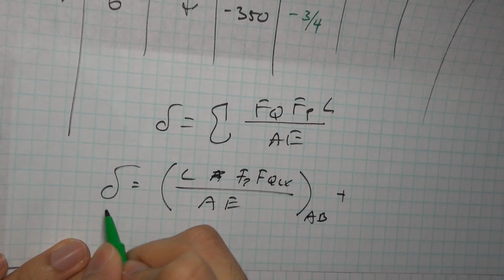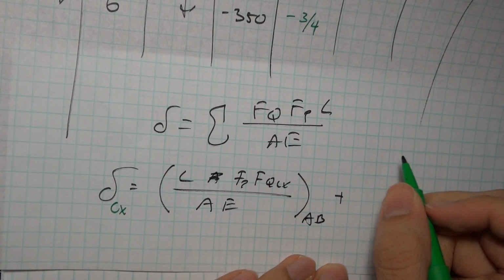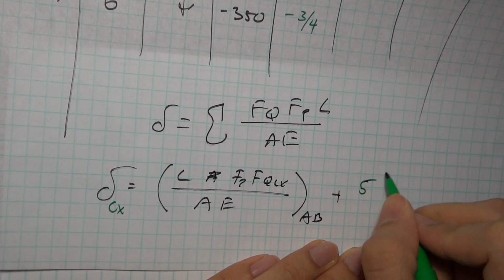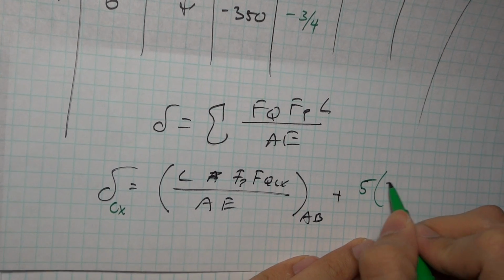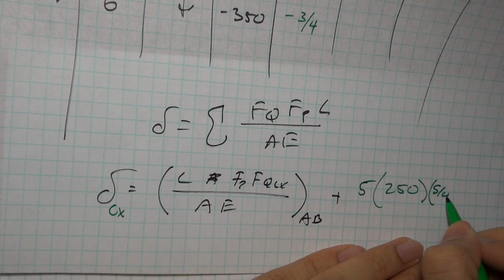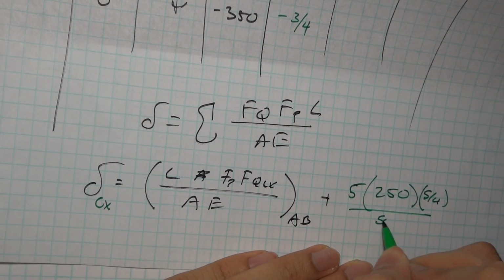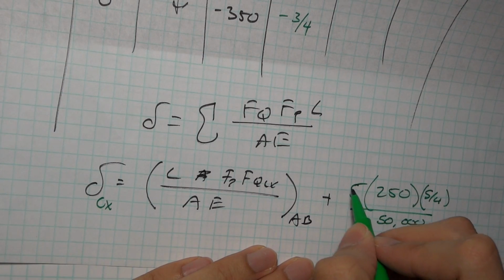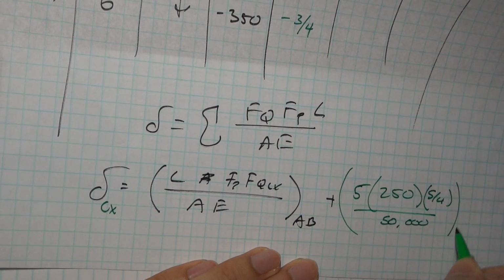This is for delta C in the X direction. I would do length, which is 5 meters, times F_P, which is 250 kilonewtons, times FQCX, which is 5 on 4. Divide that by 50,000 kilonewtons. So they're all in the same units now. Length is in meters. That is BC.